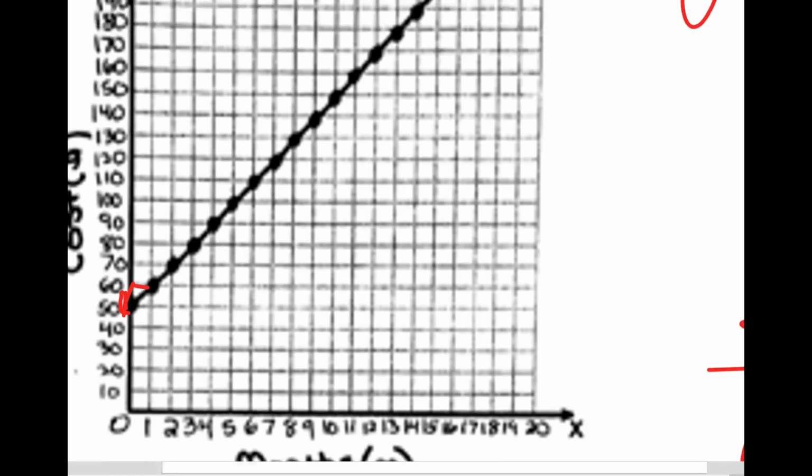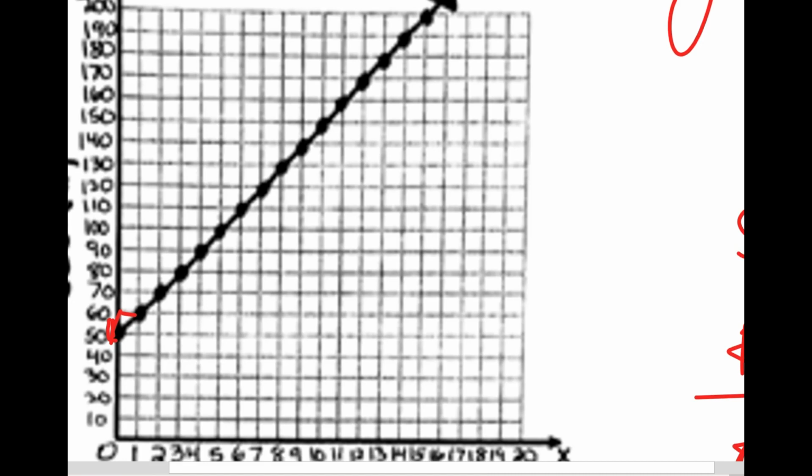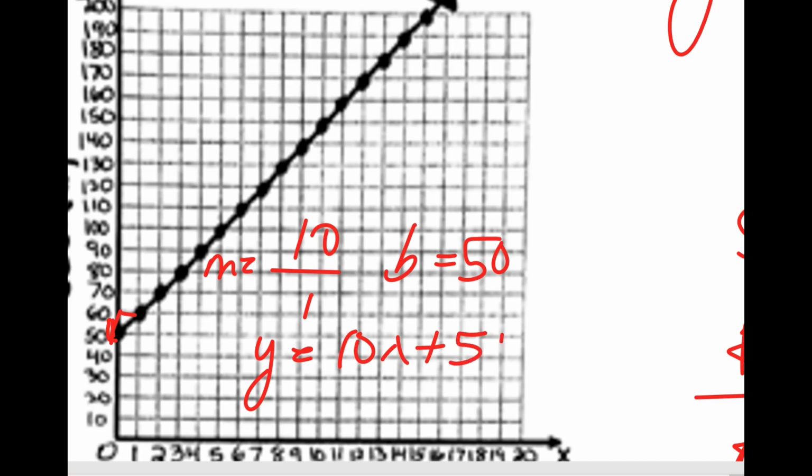That's going 50 to 60. That's going up by 10. And then I'm going over 1. And it starts at 50, the initial value. So my m would be 10, and my b would be 50. So the equation would be y is equal to 10x plus 50.